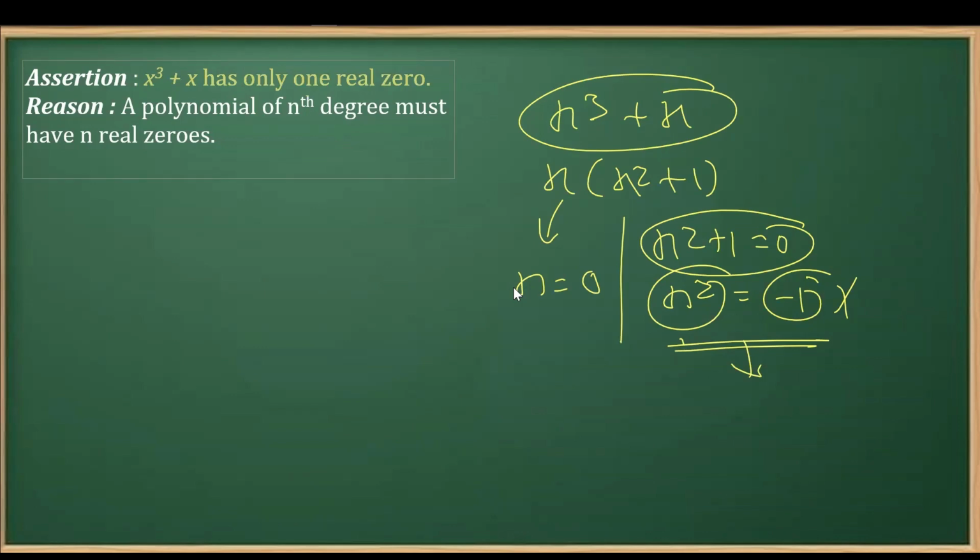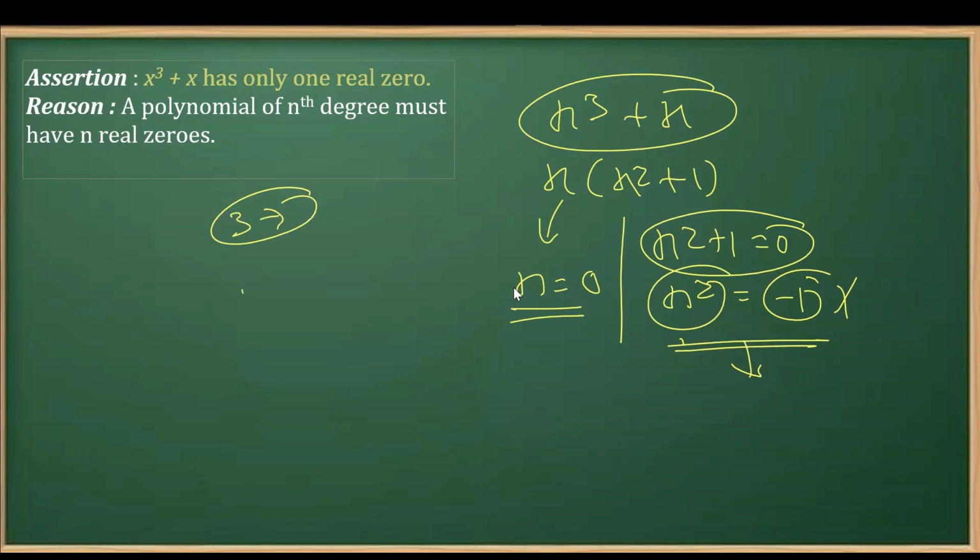Now, when I read the reason, it says a polynomial of nth degree must have n zeros. That's not true. You can see that this is a polynomial with degree 3, but it does not have 3 zeros. It has only 1 zero. In fact, we should know that any polynomial with degree, say 3, will have at most 3 zeros, maximum 3 zeros.